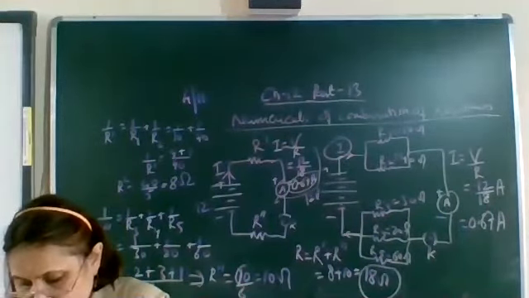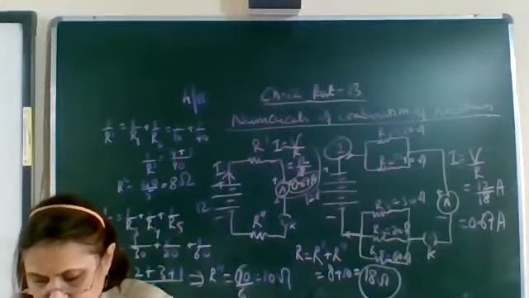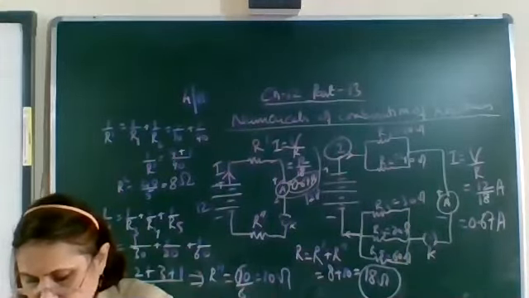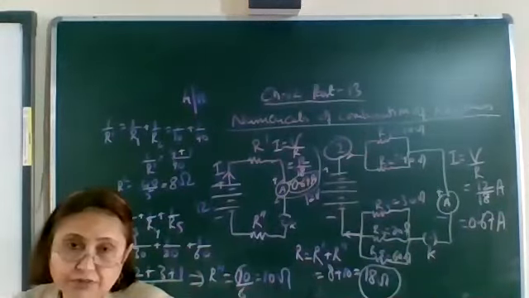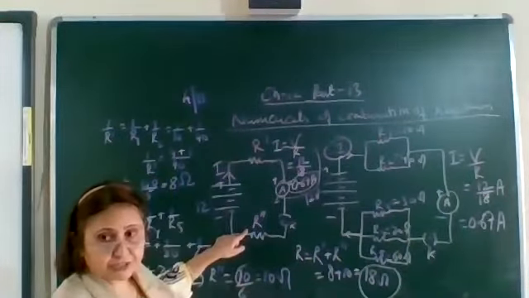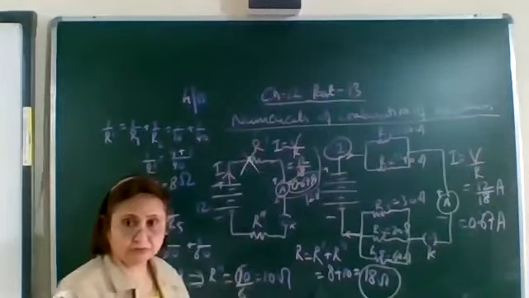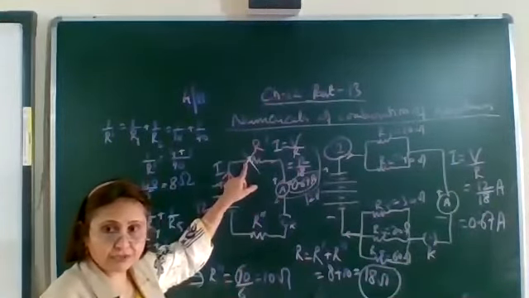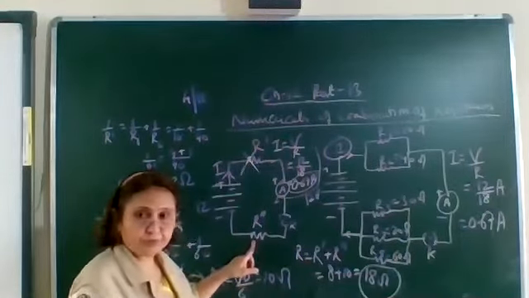Another major disadvantage of a series circuit is that when one component fails or the circuit is broken, none of the components will work. Like here, R dash and R double dash are in series. Suppose this component fails to work. Will the other component work?